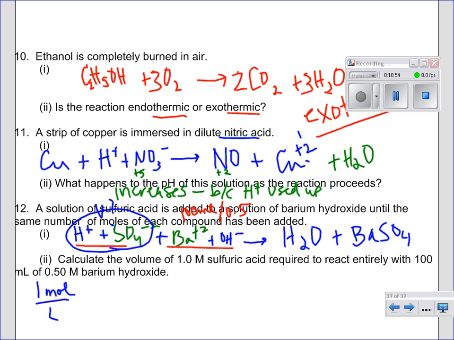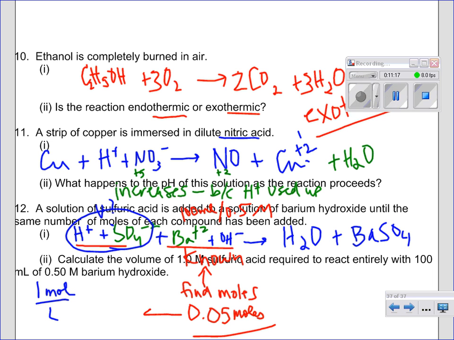Any ideas? This is my known. So find moles. Multiply 0.1 liters times 0.5 moles. You don't need your calculator for that, and that is 0.05 moles. So for a 1-to-1 mole ratio, because it's balanced 1-to-1, we need 0.05 moles of this.